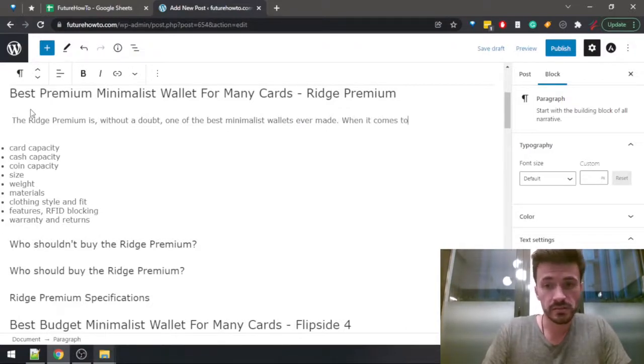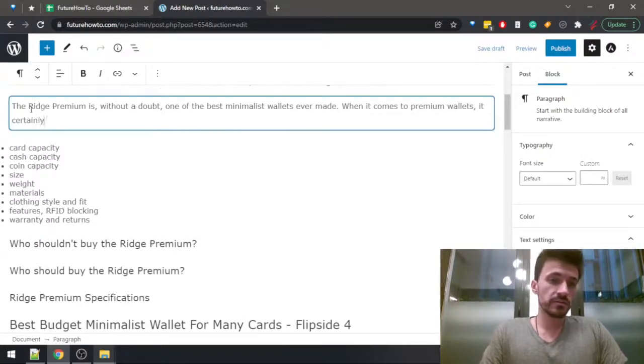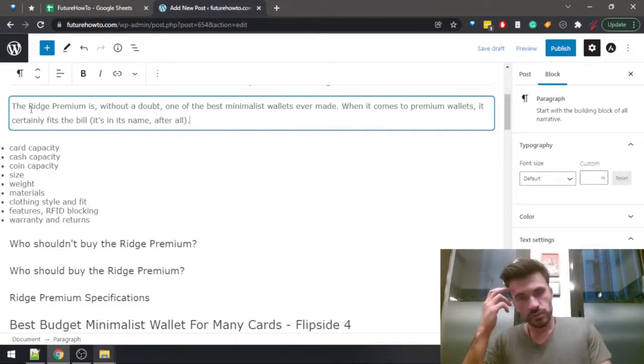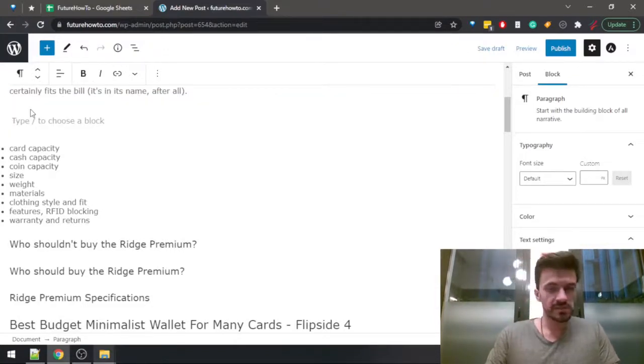When it comes to premium wallets, it certainly fits the bill. It's in its name after all. Yeah, I mean, I don't usually like being cute, but sometimes it's fine.